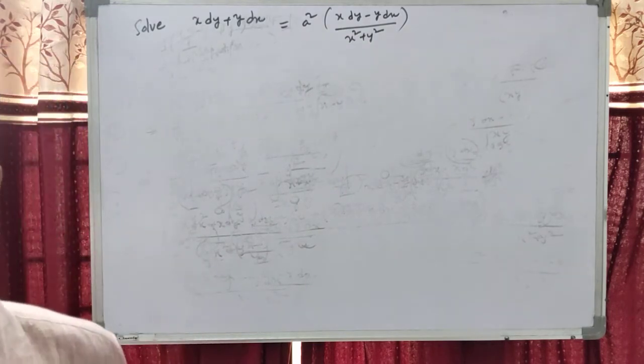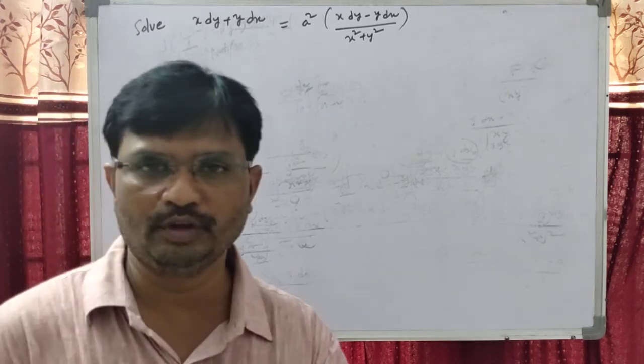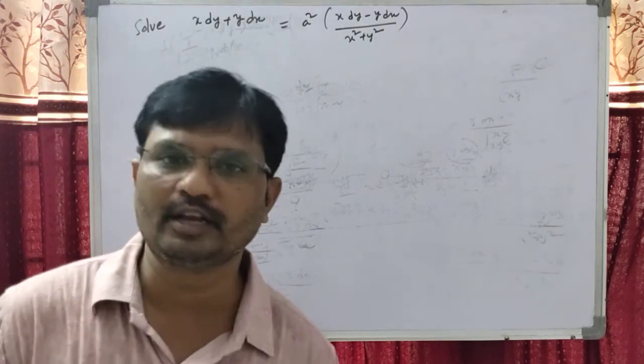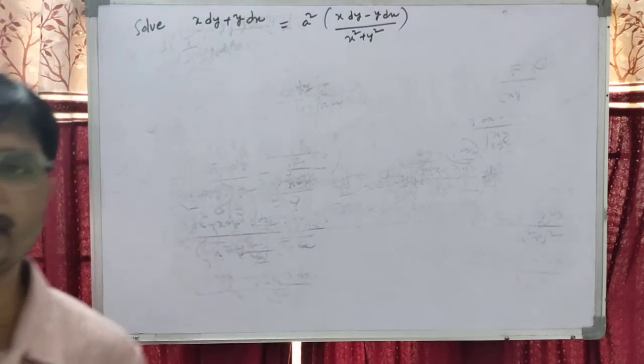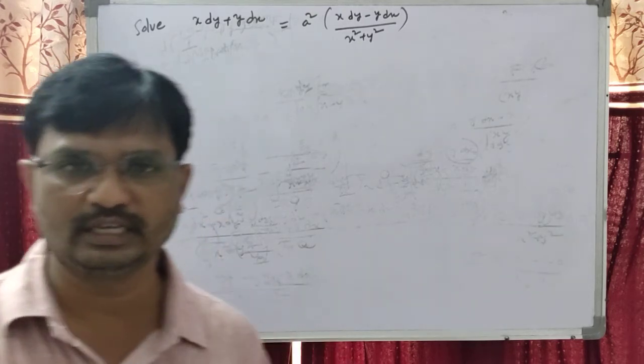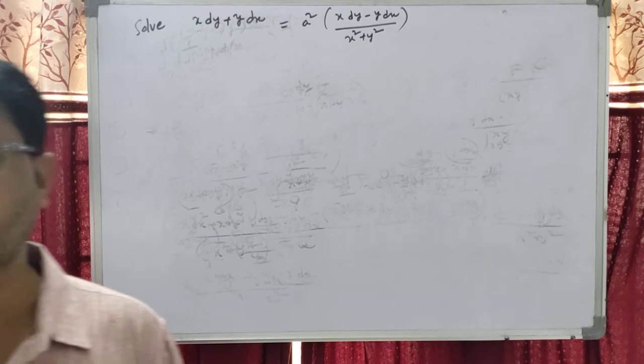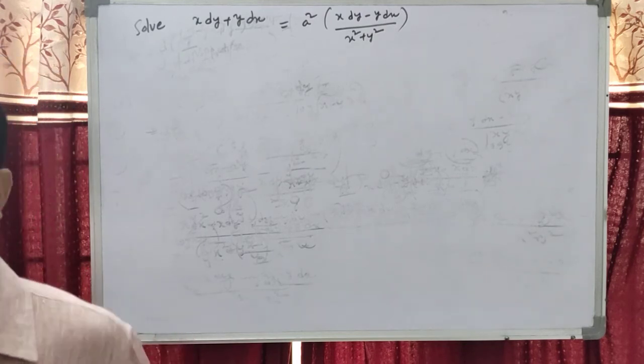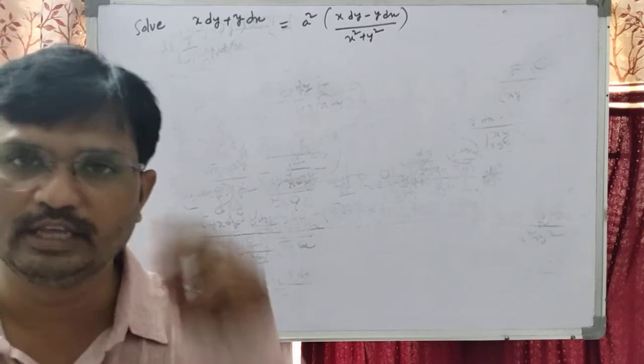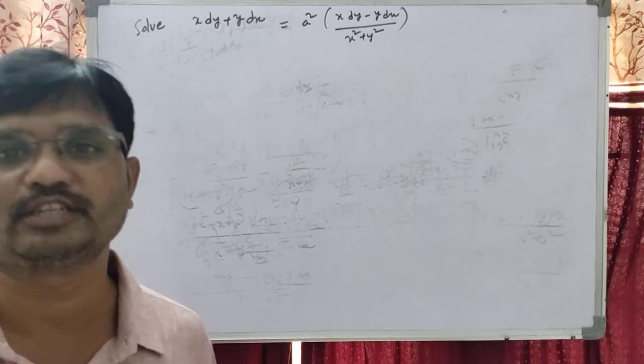Dear students, when you understand that it is not variable separable, not homogeneous, not non-homogeneous, and not linear, then check in your mind how to solve this differential equation. Only one way: the method of inspection.